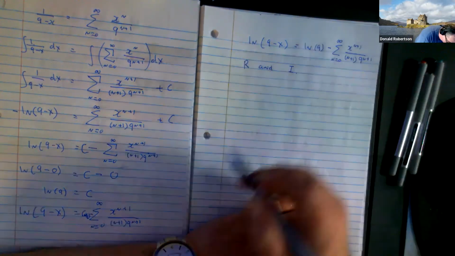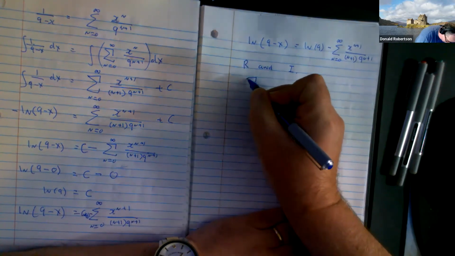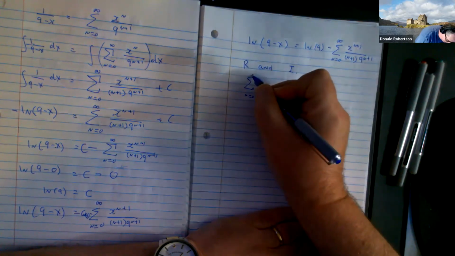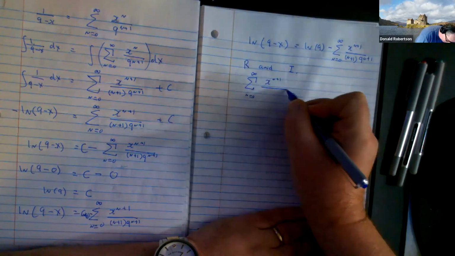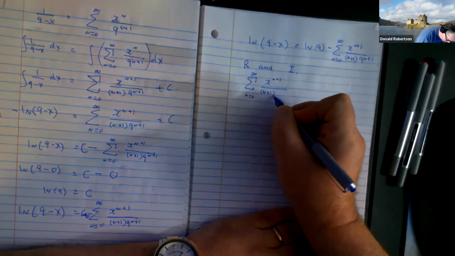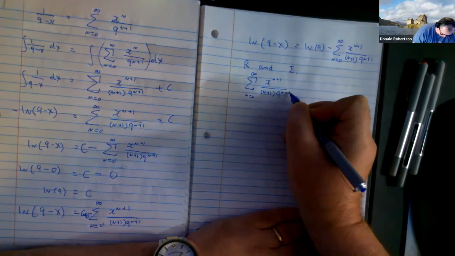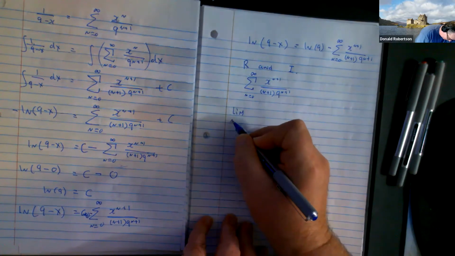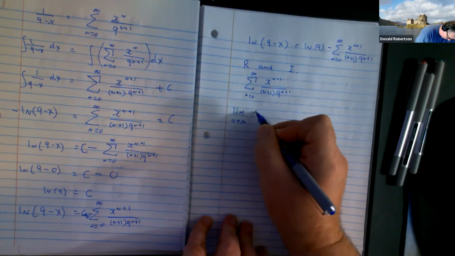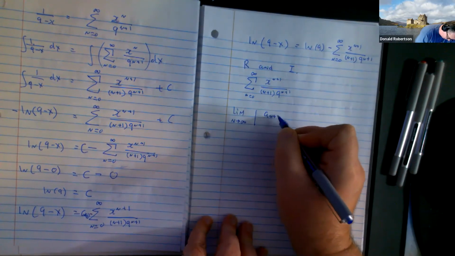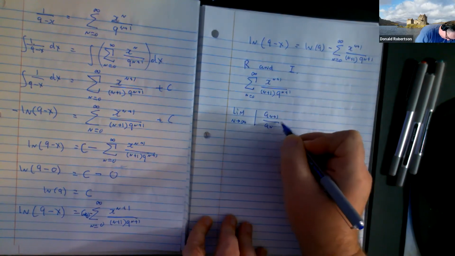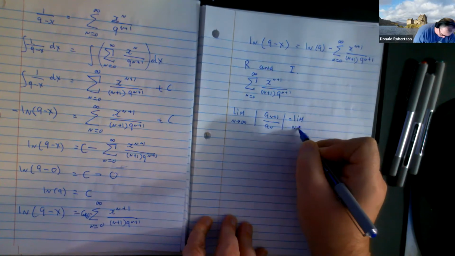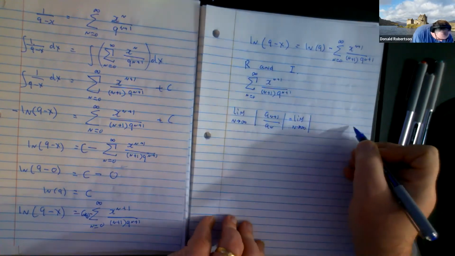So I'm only going to focus on this piece, not worry about the negative or even the log 9, because they do not affect the radius or the interval of convergence in any meaningful way. So the limit as n tends to infinity of this ratio. Should always keep the absolute values in these situations.